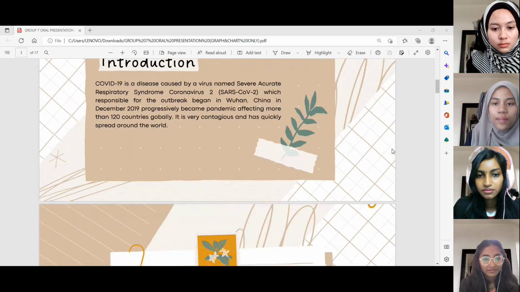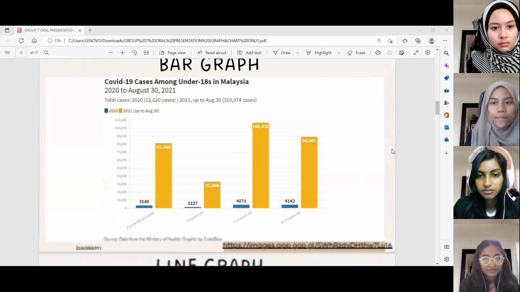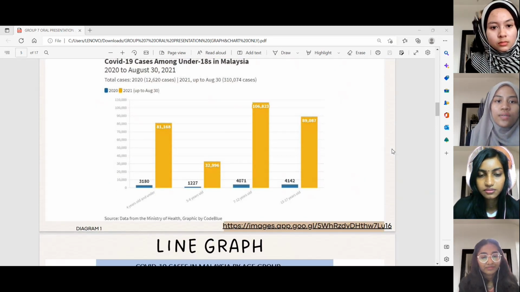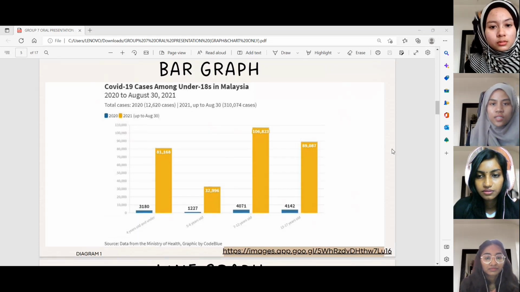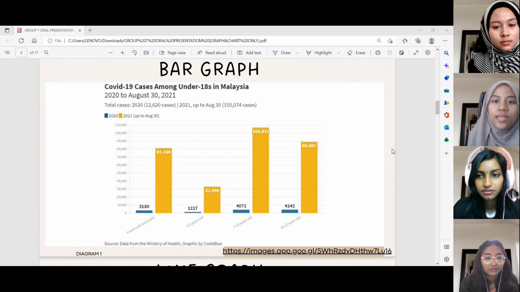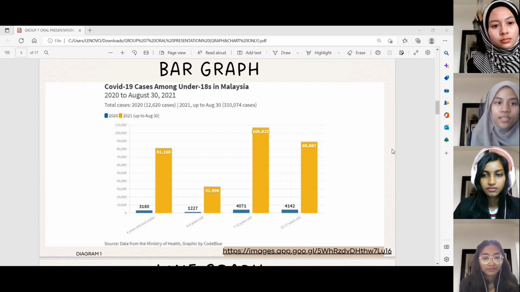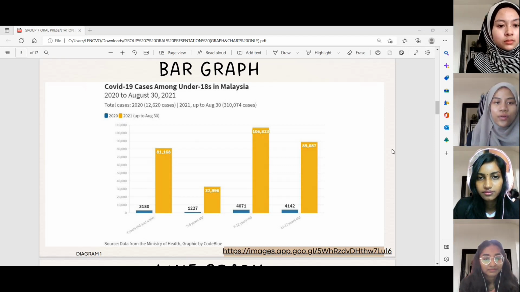So, I'm the first presenter and will explain about the bar graph. The bar graph above shows the COVID-19 cases among under 18 in Malaysia from 2020 to August 2021. The total number of age 18 years and below was 322,694.